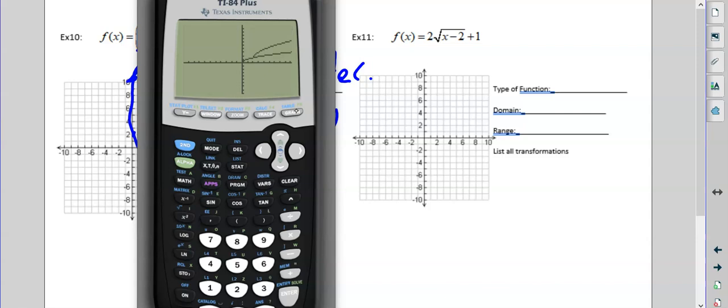Now you notice the angle of the curve is a little bit different, okay? So that's where we call it stretched vertically. That's when that's 2 there in front. So let's get some points. So we actually have (2, 1) and (3, 3).